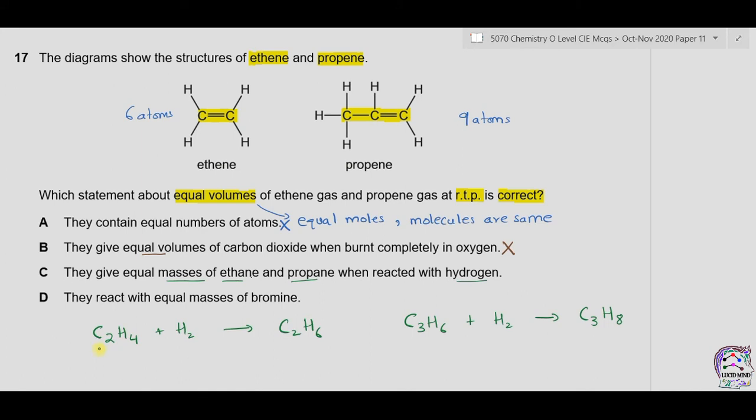Now we have equal volumes of ethene and propene, so therefore the number of moles are also equal. We can see that 1 mole of ethene forms 1 mole of ethane, while 1 mole of propene forms 1 mole of propane.